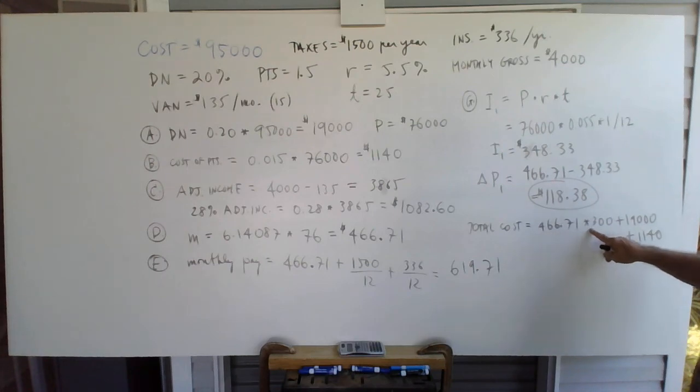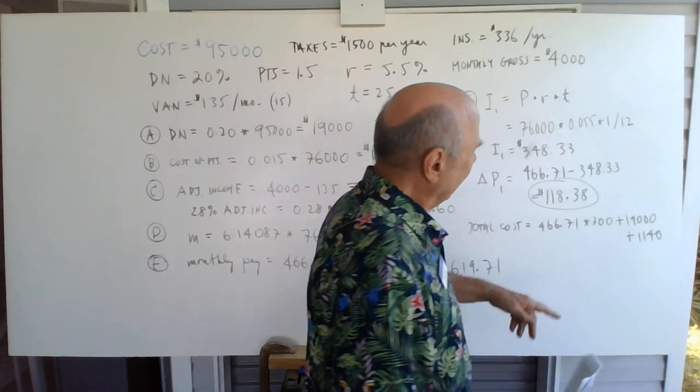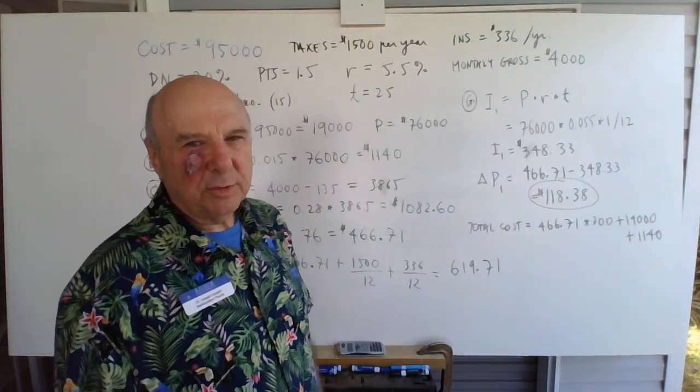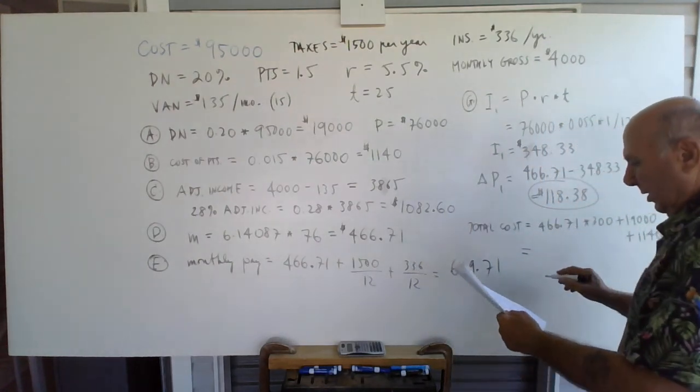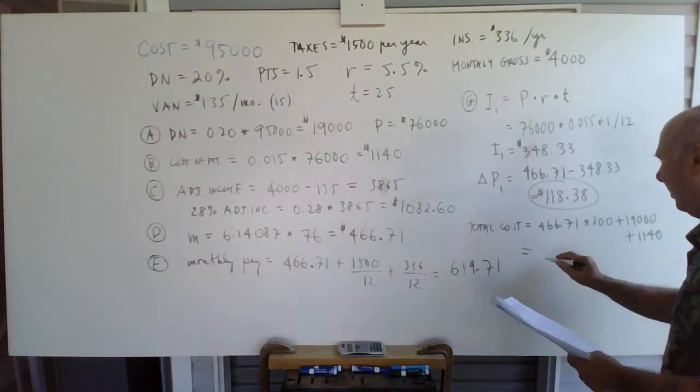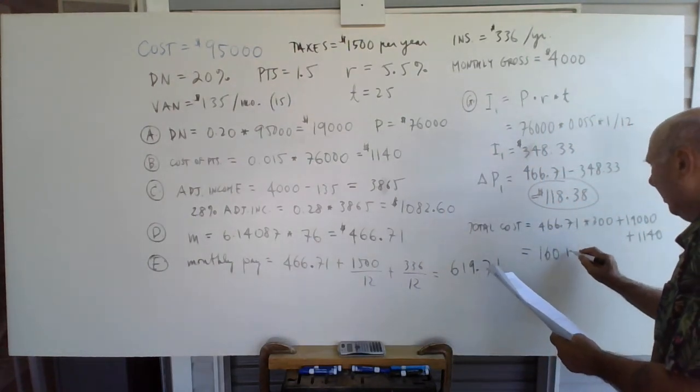So there's your P&I that goes for 25 years, 300 months. There's your down payment, and there's your points, which are considered interest. When you add those up, the total cost is $160,153.